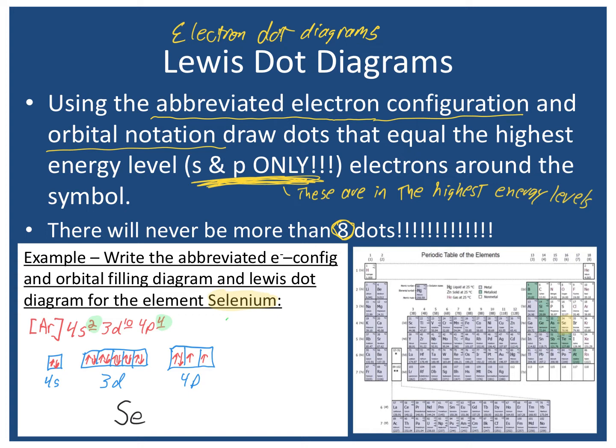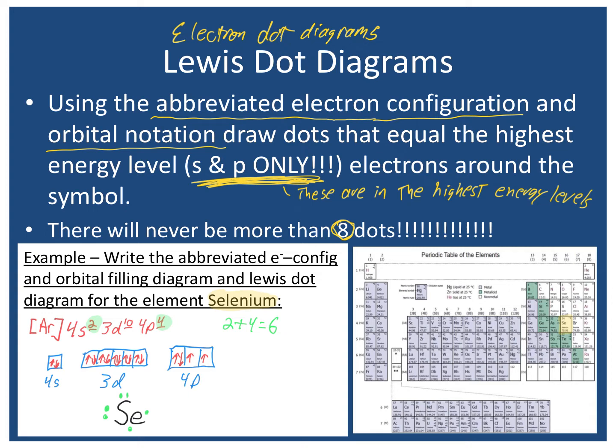In this case, 2 plus 4. I shouldn't need a calculator for this. 2 plus 4 equals 6. I put 6 dots around Se. And I do 1 dot at a time per side. 1, 2, 3, 4, 5, 6 dots. And that's my answer.